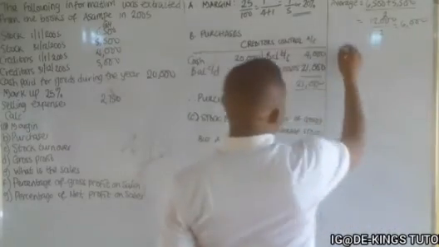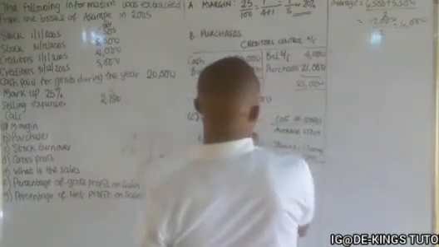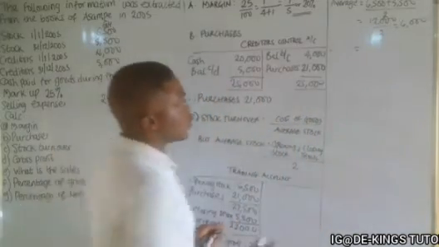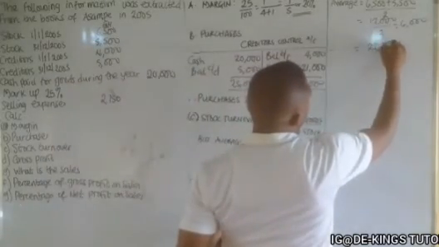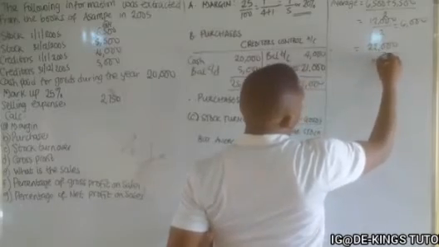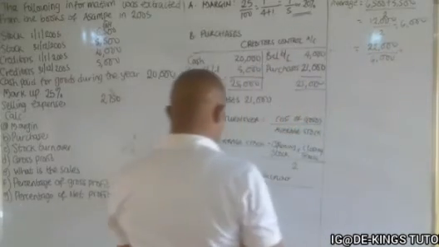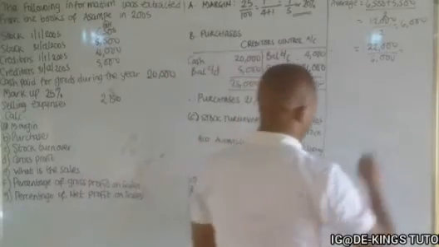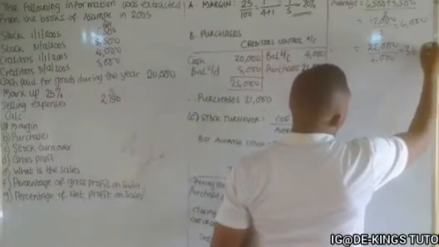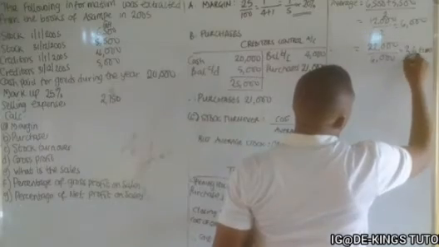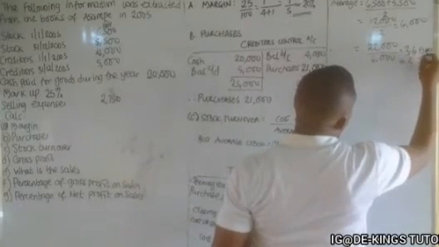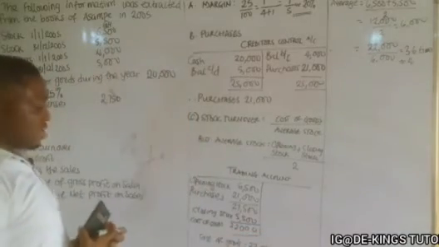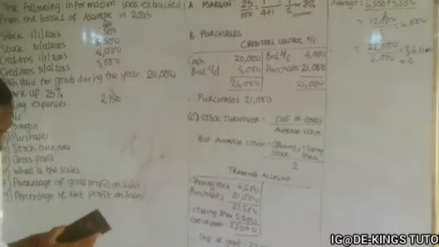Therefore, our stock turnover equals cost of goods sold, 22,000, divided by 6,000. So we have 3.6 times, which is approximately 4 times.